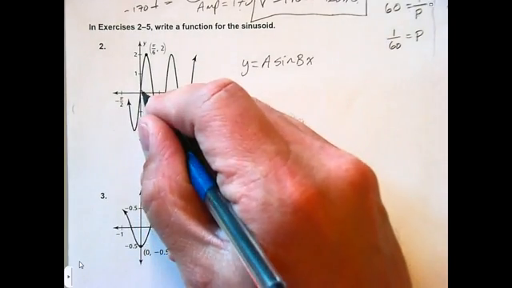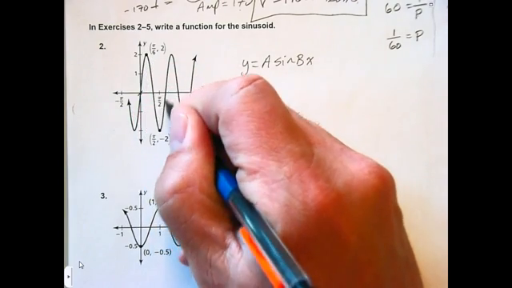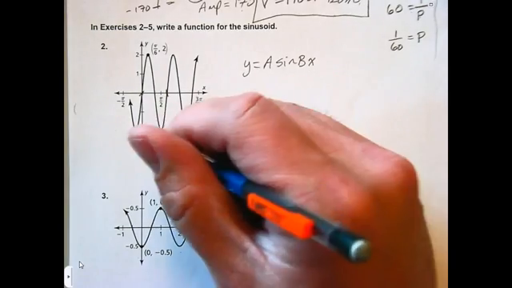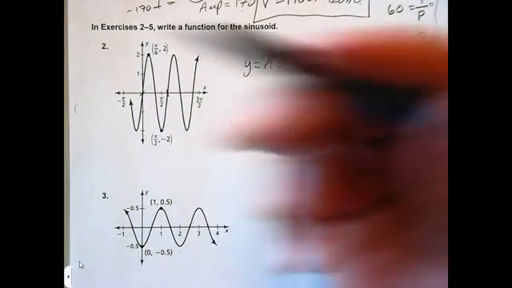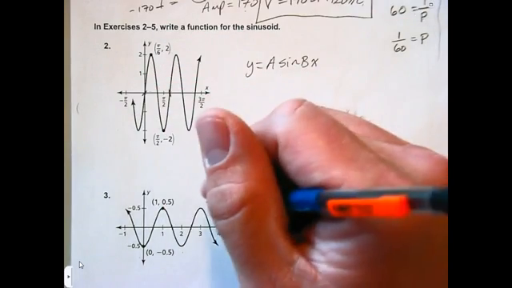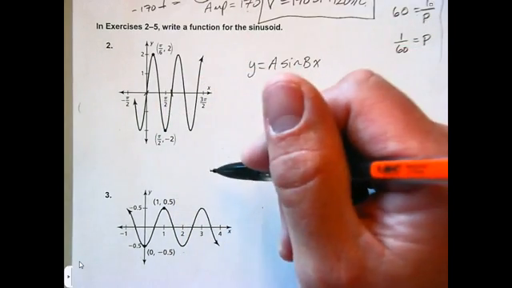Now, in this one, that's the beginning of a sine curve, and it actually doesn't have any horizontal shift, or it doesn't have to. I guess if you want to say it shifts 180 degrees, that'd be kind of silly, but anyway. No horizontal shift.